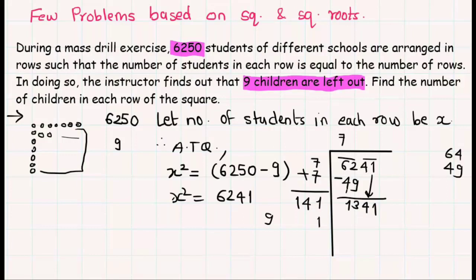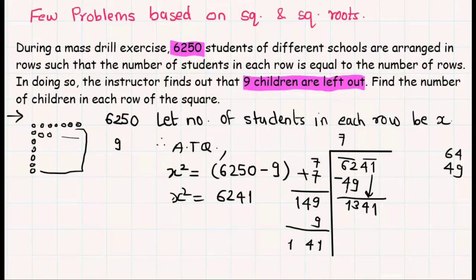So let's try directly 9. 9 9s are 81, 9 4s are 36 plus 8, 44. 9 1s are 9 plus 4, 13, correct.